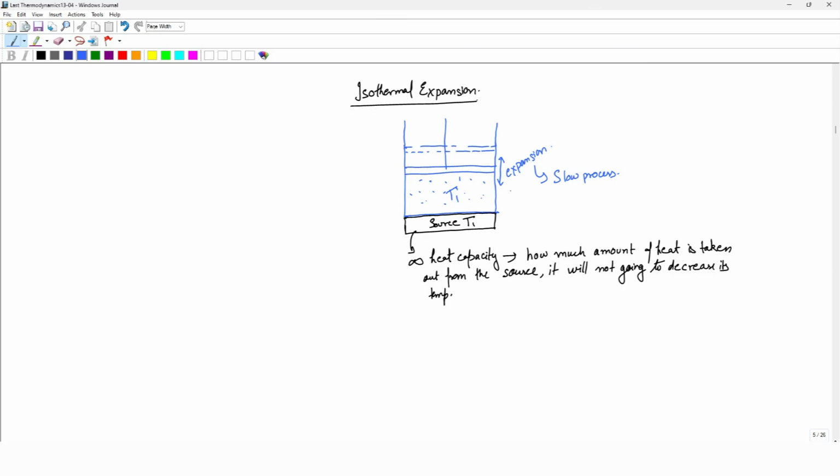Because the process is slow and the thermally conducting and thermally insulating walls are there, the process is idealistic and it is reversible as well. So in the Carnot heat engine the process is reversible.